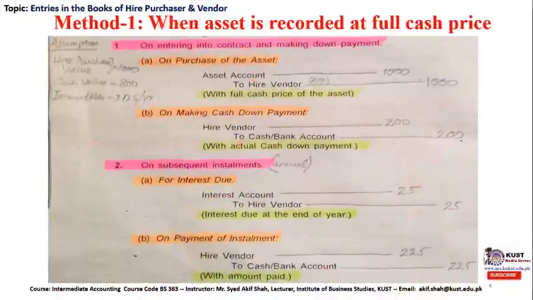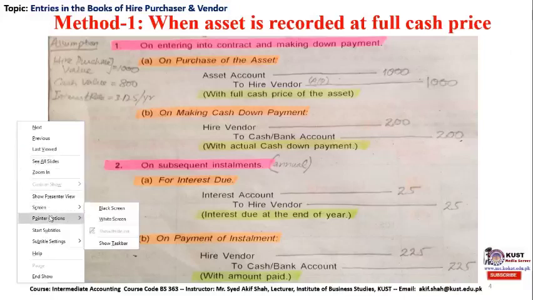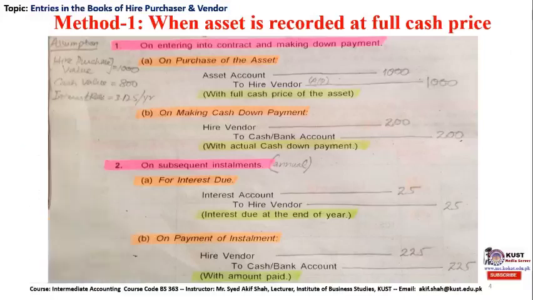Let's discuss the first method, when the asset is recorded at full cash price by the hire purchaser. In order to understand this, we have to assume certain numerical values or make a case regarding this hire purchase agreement.